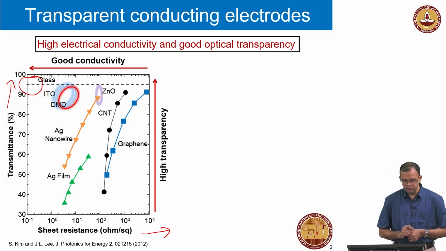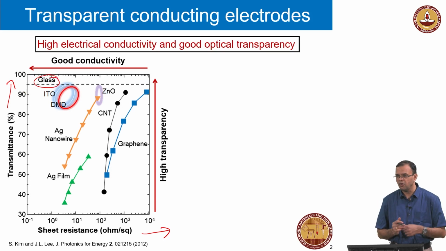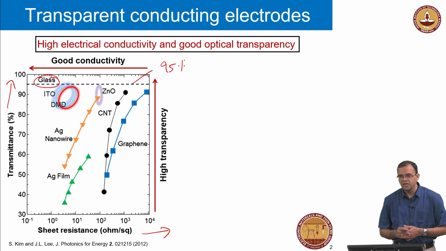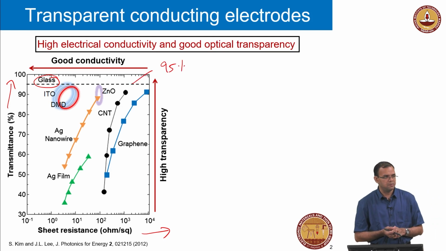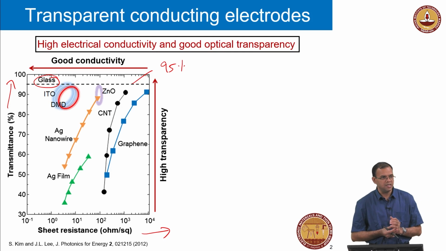Just as a frame of reference, you see glass has been marked here. So this is typically your quartz. Think of the quartz slides, the slides that you use in a lab. This has a transparency of around 95%. If you just took pure quartz, put it in a UV visible absorption system and just looked at light going through, we have a transparency of around 95%.